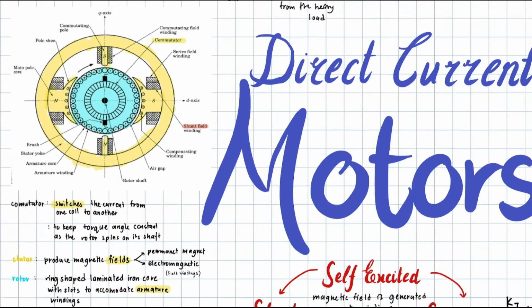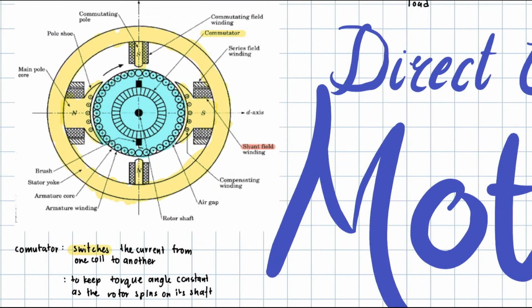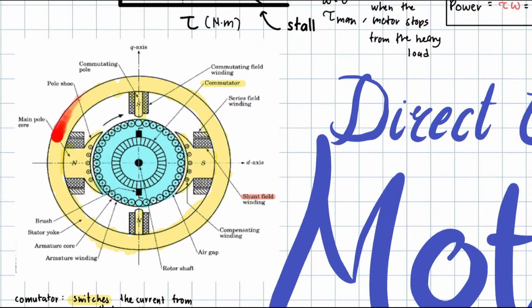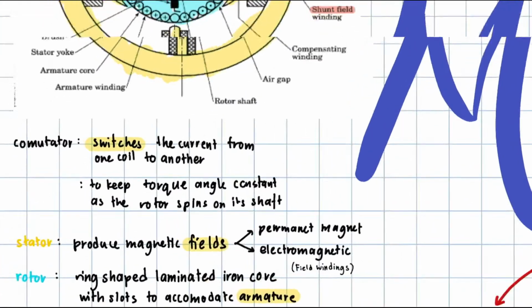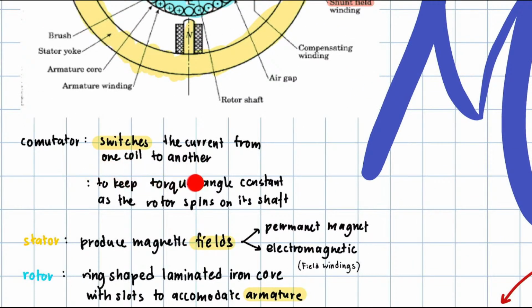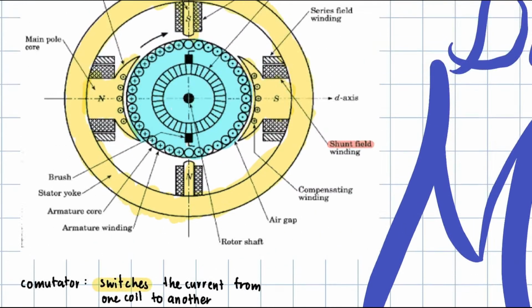This is a complete diagram of what is happening inside a motor. Don't be too scared, most of this is just general knowledge. What is important are these three. The commutator is the switch of the current from one coil to another.